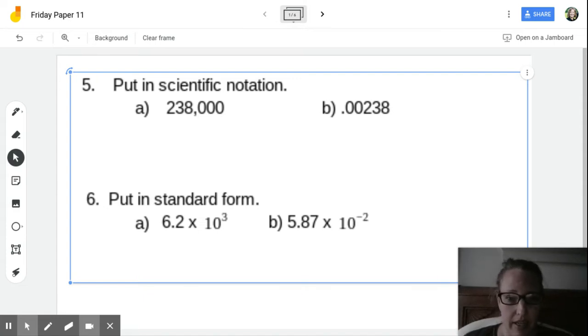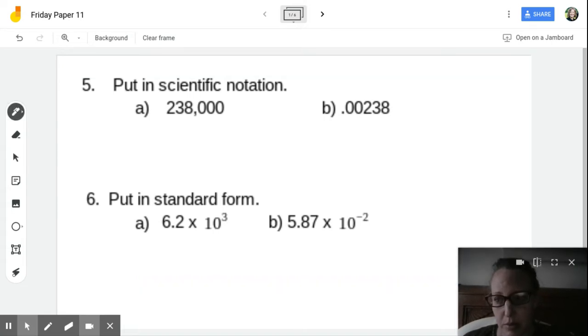I'm doing number 5 on your Friday paper, and it says, please put these in scientific notation. Remember, if there's no decimal in the number, if it's out of sight, it's on the right. We need to take this decimal and move it to a spot where we create a number between 1 and 10.